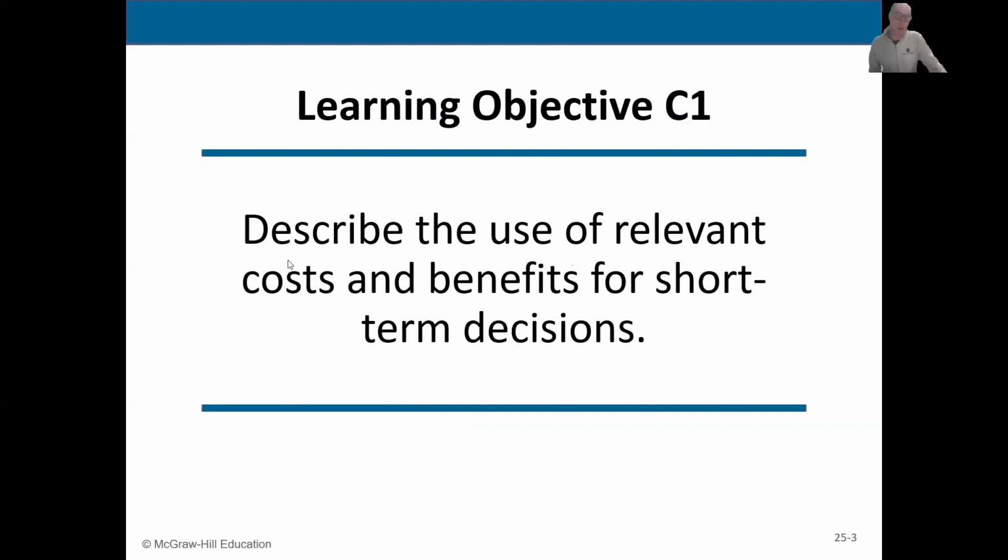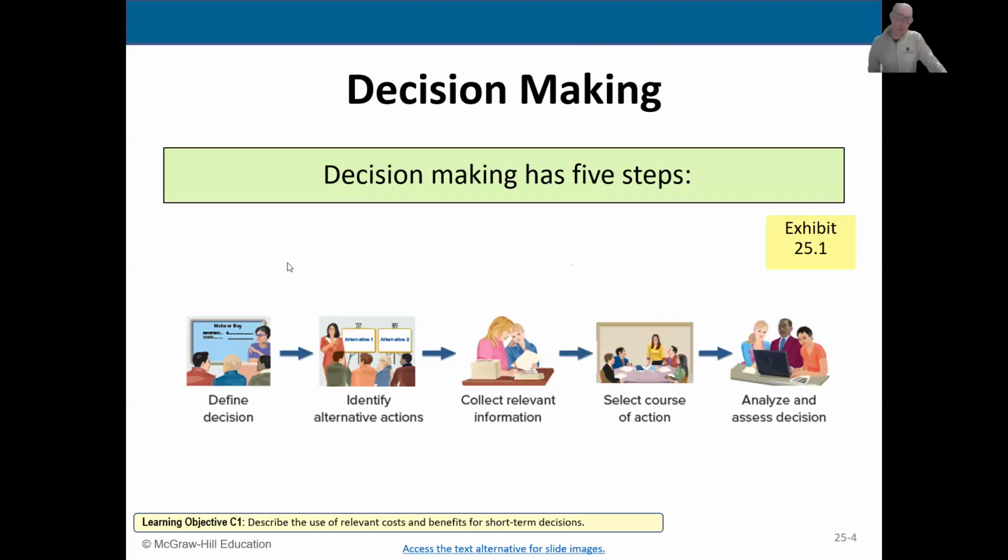So for short-term decision making, here's the decision making process. First, we define the decision. We've got to figure out what decision it is that we're trying to make. Second step is we need to identify the alternative actions.